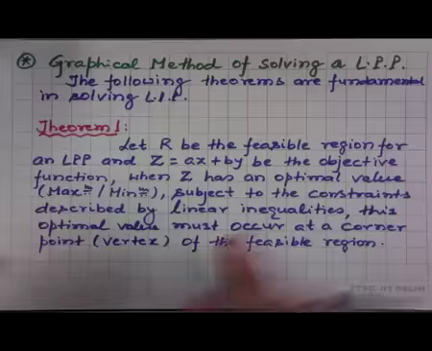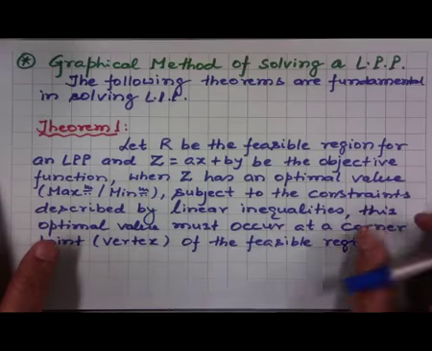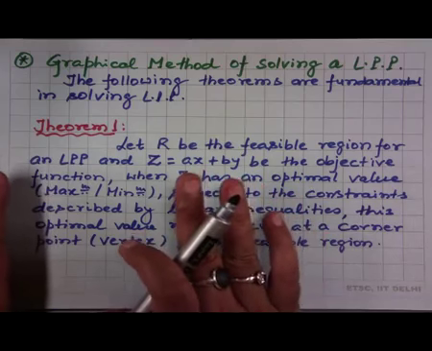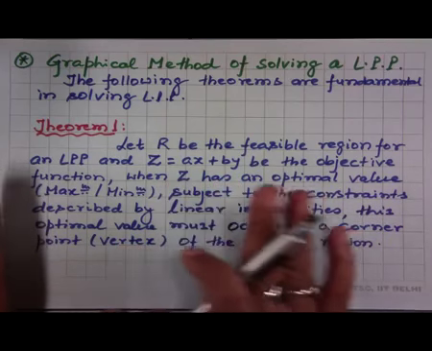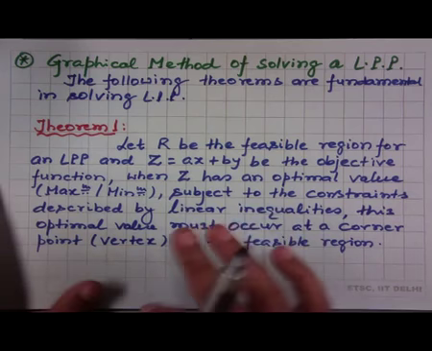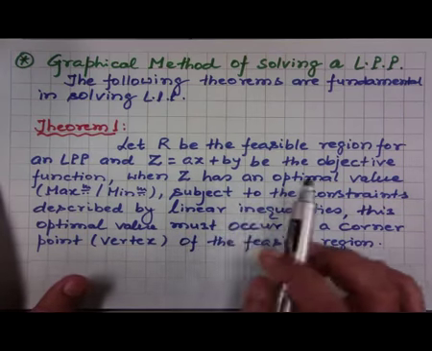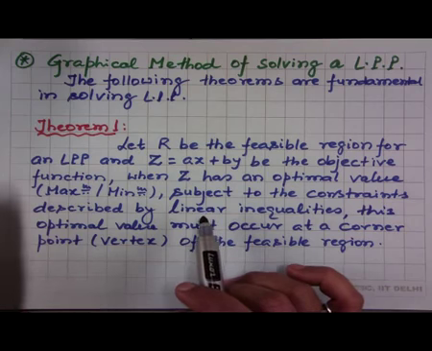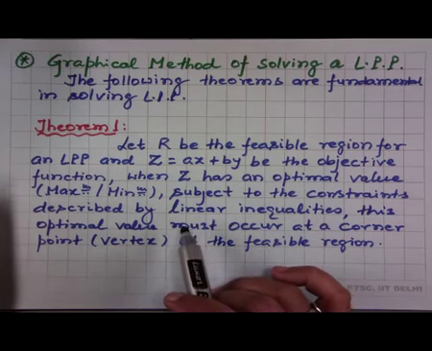Now, the graphical method of solving a linear programming problem. Before we start solving a linear programming problem, we have 2 important, very fundamental theorems. Theorem 1 says that let R be the feasible region for an LPP and Z = AX + BY be the objective function.